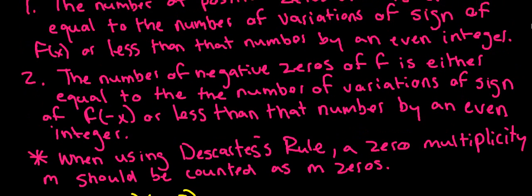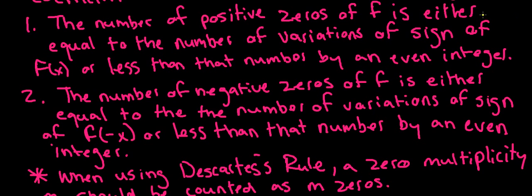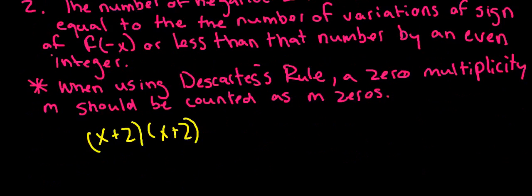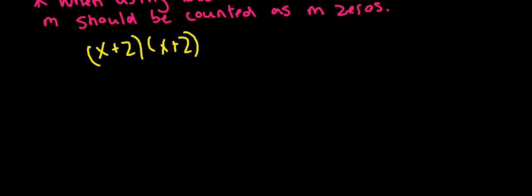But let's go back up here, where we're talking about variations of sign. The number of positive zeros of f of x is either equal to the number of variations of sign, so the number of changes in sign, or that number less than some even integer. So I'm just going to make up some random equation, and we're going to talk about Descartes' rule of signs.